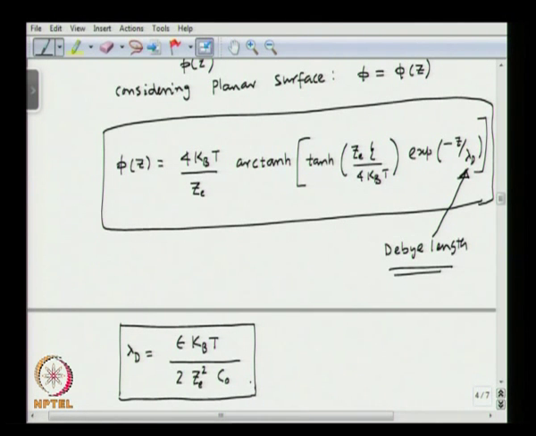So that is how the Debye length is determined. This represents the length scale from the wall where the potential is reduced to 0.